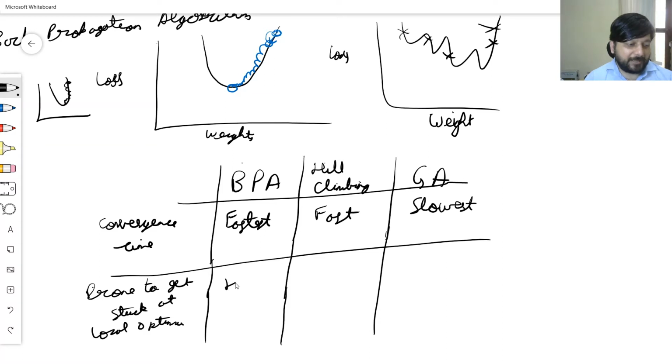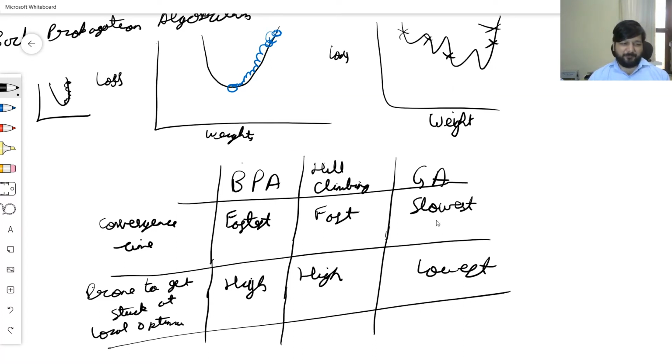So this is high, it mostly will get stuck in a local optimum, and here you mostly get to the global optimum. Therefore, if you say time is not my concern, then you will probably choose this algorithm.